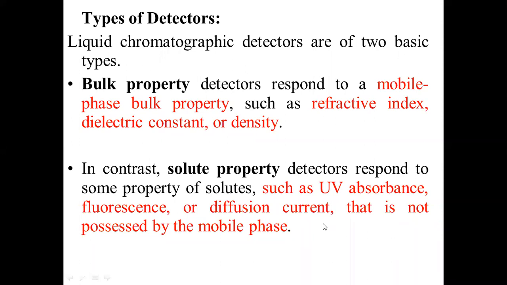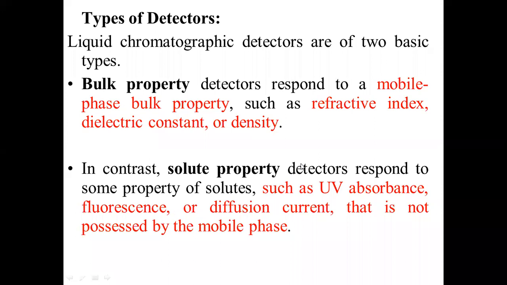And this is as a result of the analyte diffusion because of the reduction or oxidation process. So, of course, all these things are collectively measured by means of typical detectors such as UV absorption or fluorescence or diffusion current detectors. Therefore, these detectors are called solute property detectors.